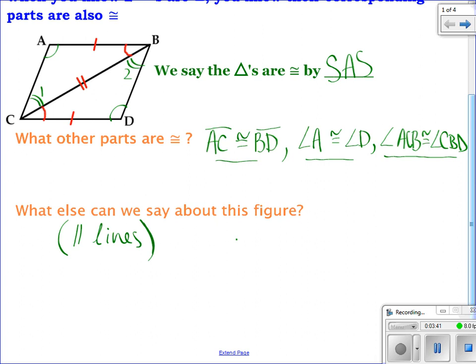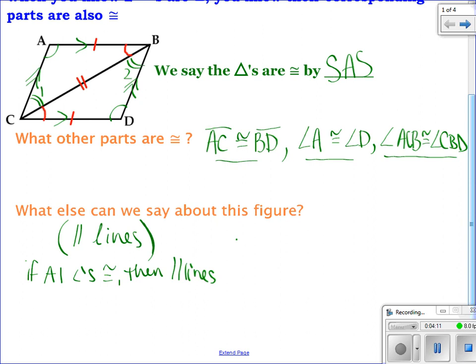That's just a little reminder there. So we could say if alternate interior angles are congruent, then parallel lines. That might be a reason that pops up here and there. What lines are parallel? Both sets are parallel. These are parallel, and these are parallel. Questions?